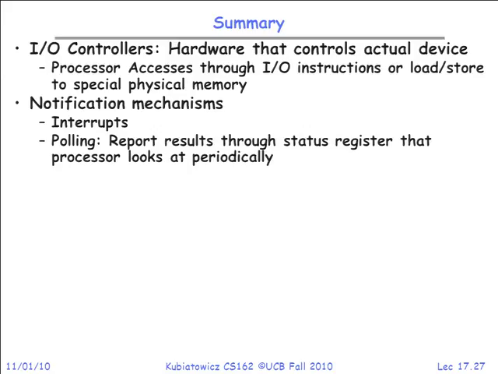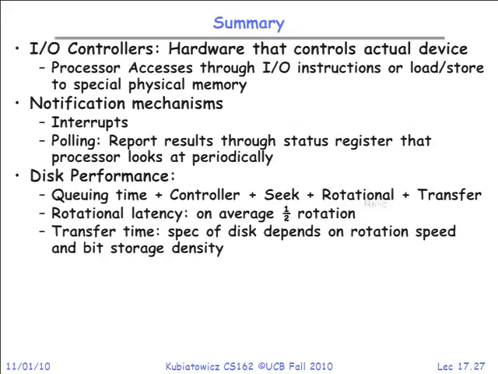So we have these 5 terms: queuing time, controller time, seek, rotational, and transfer. And we'll talk next time, for instance, about how the rotational latency is on average half a rotation and so on. And then finally, we're going to come up with a queuing model, and it'll be very simple. It's a 2-term model; C and U basically give you a lot of information about how this behaves, if you can just figure out what C and U are.